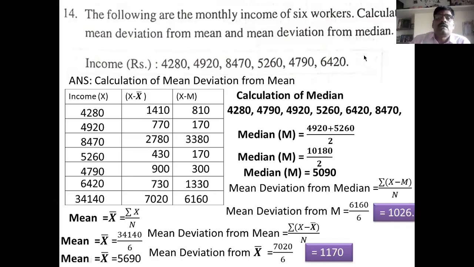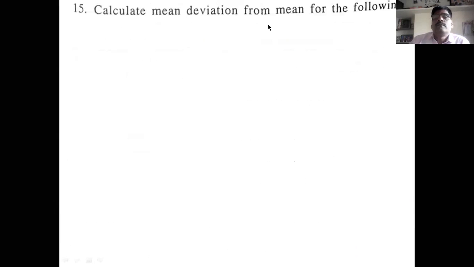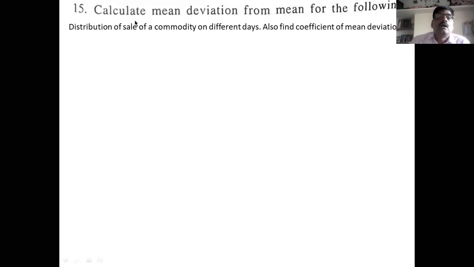You see the next example. Example number 15. Exercise number 15 I have taken from the book. Calculate mean deviation from mean from the following distribution of sale of commodity on different days, and also find the coefficient of mean deviation.